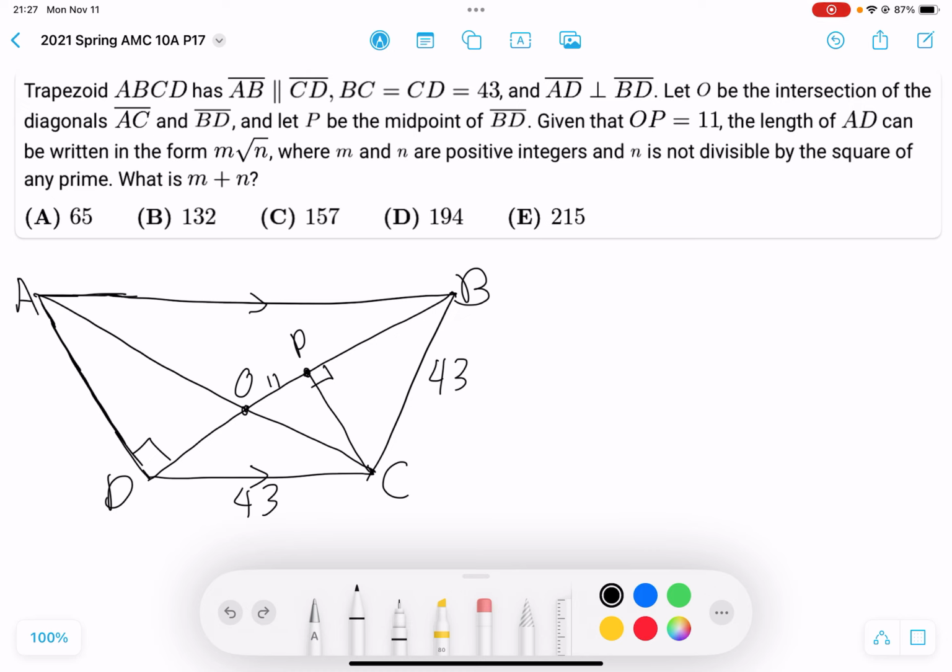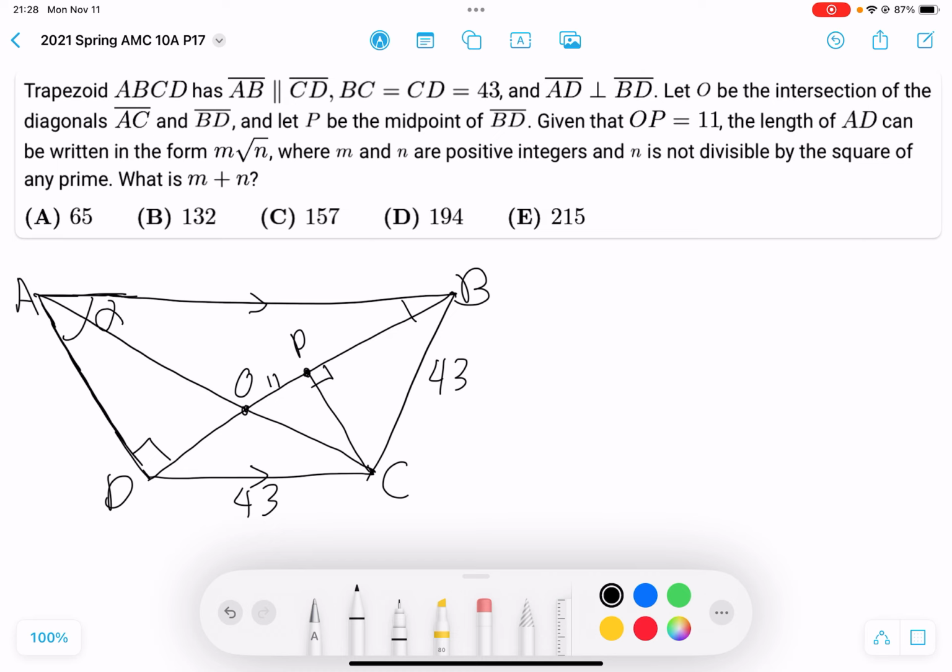Let's look at some other similar triangles that we might have. We can also have that triangle DPC is similar to triangle BDA. Why? If we do some angle tracing, let's say this angle here was alpha.